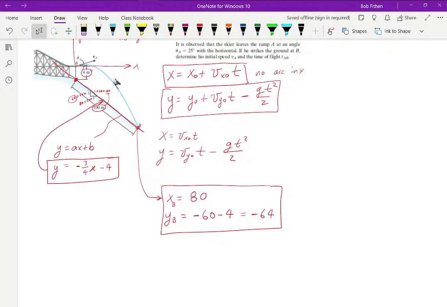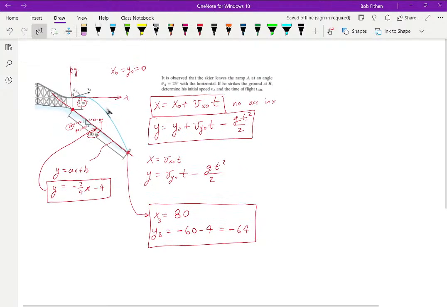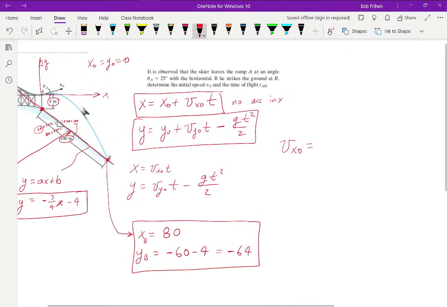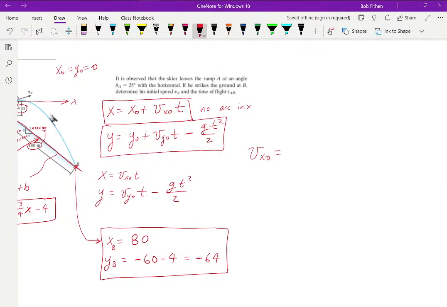So your next goal would be Vx naught here.